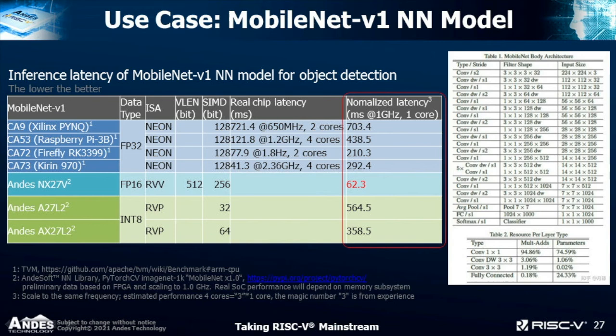This is the number for the half precision floating data type. If we simply multiply by 2 for single precision floating, the latency will be about 112 milliseconds for a single image inference at 1 GHz one core. It is better performance than CA9, CA53, CA72, and CA73.